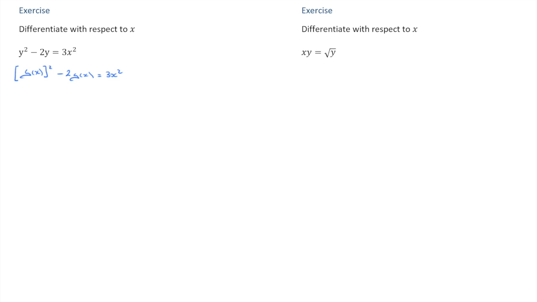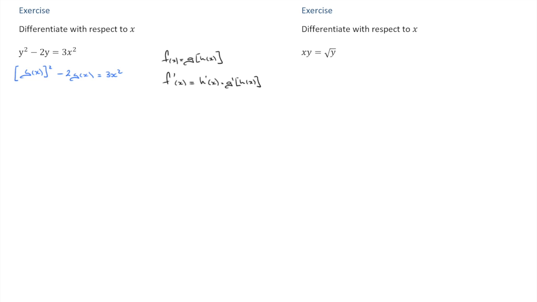And now that we've done this, it's quite clear that we're dealing with a composite function here. When we look at y of x squared, we can think of that again as g of h of x. And remember, we saw that using the chain rule, when we differentiate this, if I call this f of x, we get f dash of x equals h dash of x times g dash of h of x.